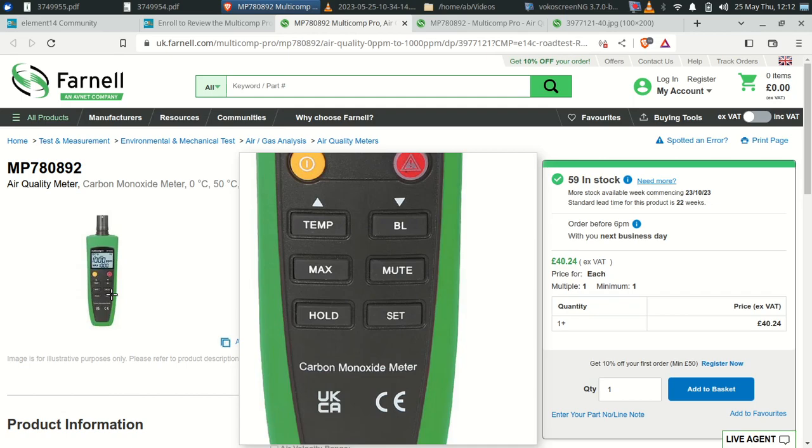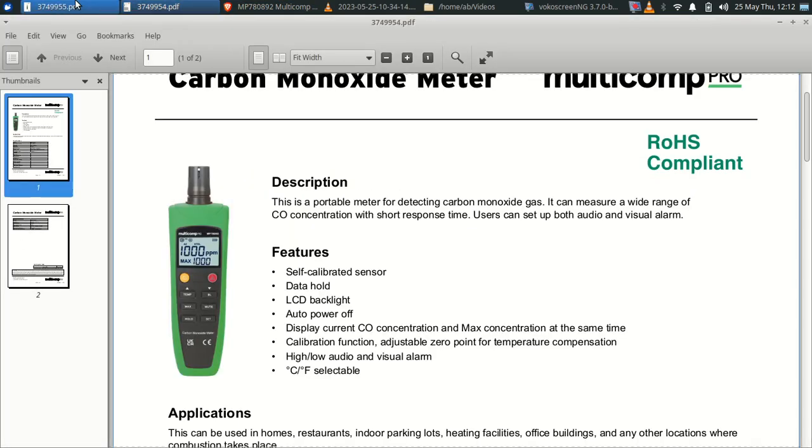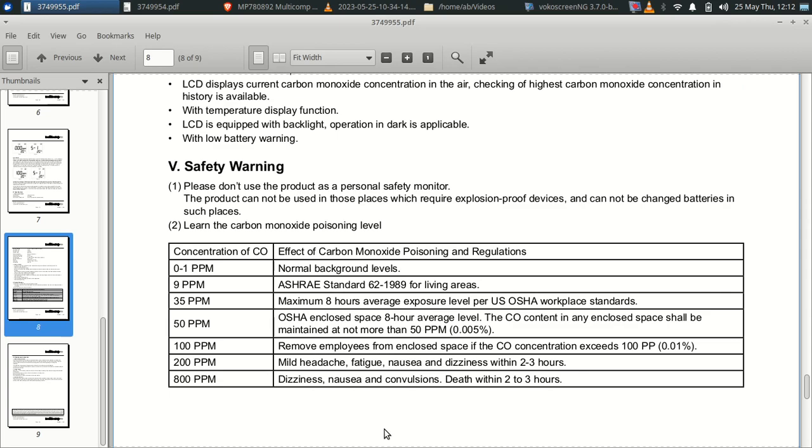I have said that ppm is parts per million by volume. Going by the meter from the manual, I have said that above 800 ppm death happens within 2 to 3 hours, and the effects are dizziness, nausea, convulsion. But where is it basically produced?